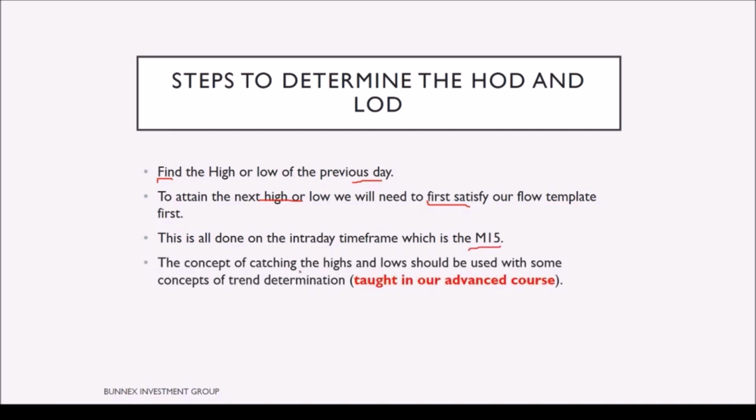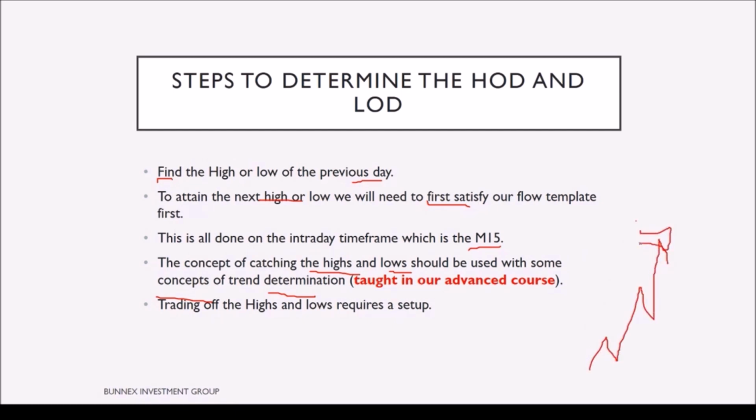And the concept of catching highs and lows should be used with some form of trend determination, which is taught in our advanced course. Trading off the highs and lows requires a setup. After determining that this is the high of the day, we need to see a setup on that high.